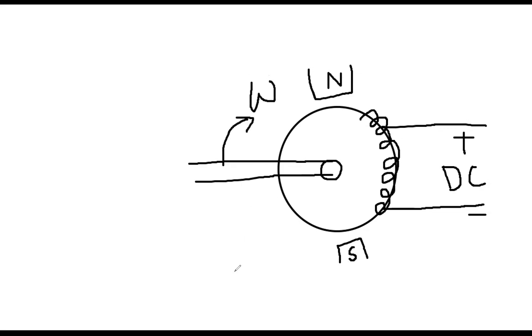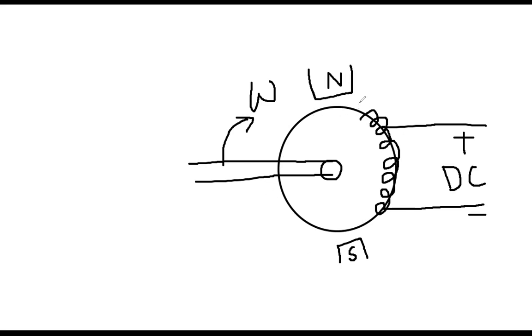Okay, so therefore, everybody simply take in this way, to generate voltage, you need two things. One is the speed and the other thing is a magnetic field. You must need two things. With only one thing, you can't generate or develop voltage. Now, in case of DC generator, there are two parts.